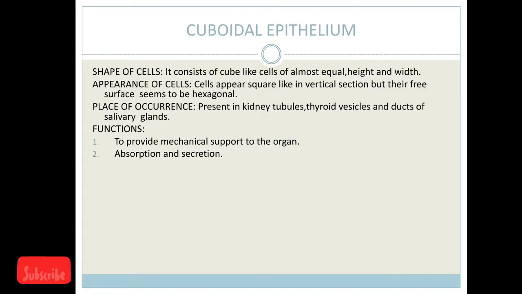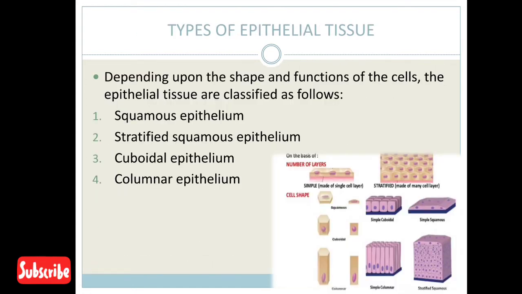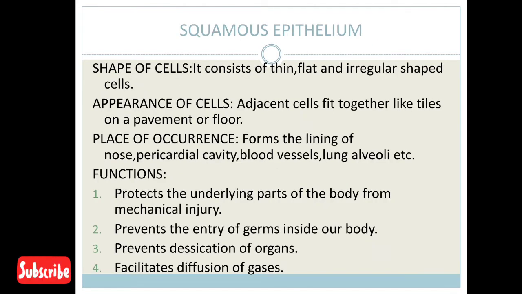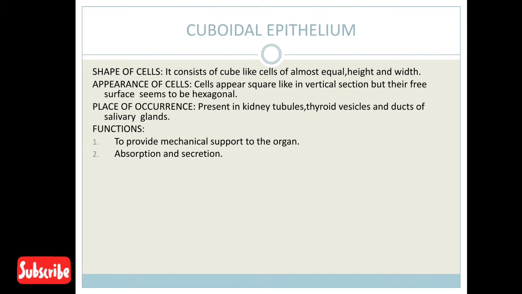Next is the cuboidal epithelium. This type of cell is cube-like. You can see in the picture the cuboidal epithelium. Here the cells are cube-like, and the width and height are equal.